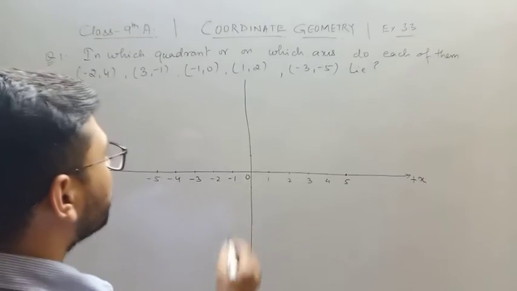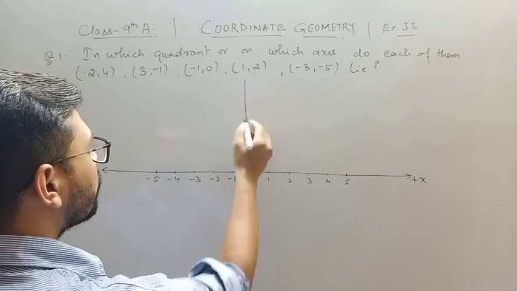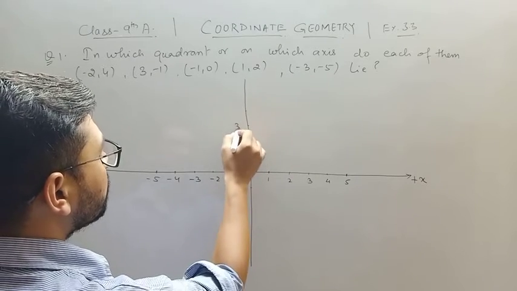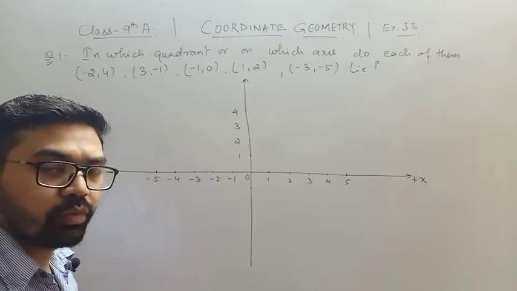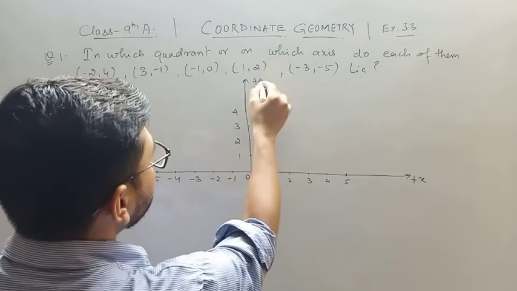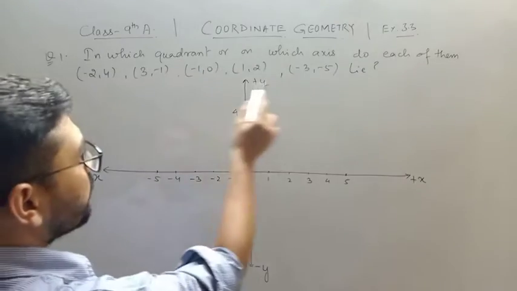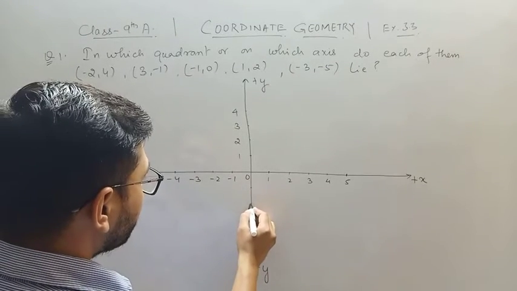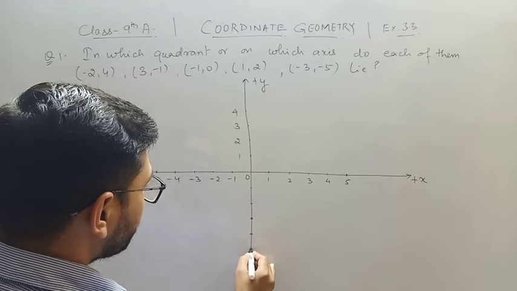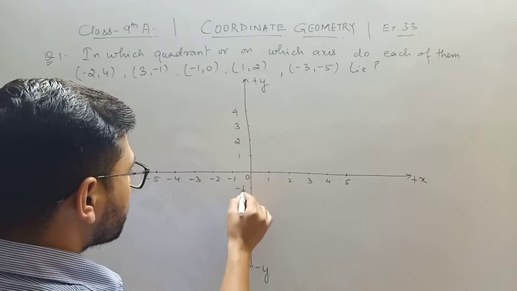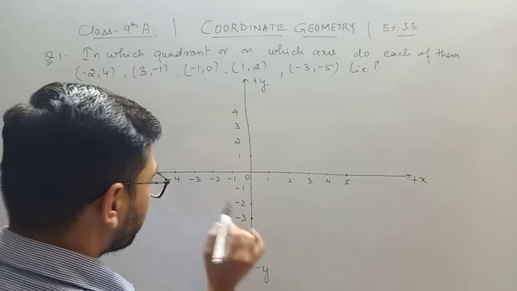Similarly you have a maximum of 1, 2, 3, 4. Try to draw these graphs on graph paper, it will give you more clarity. So this is the positive y-axis, this is the negative y-axis. In the negative it's -5, so -1, -2, -3, -4, and let's say this is -5.